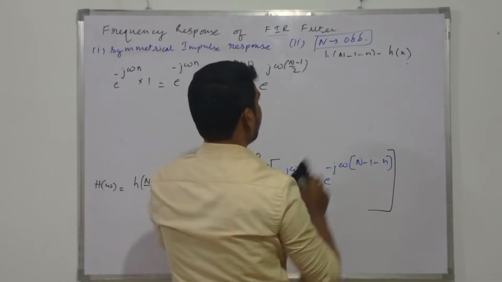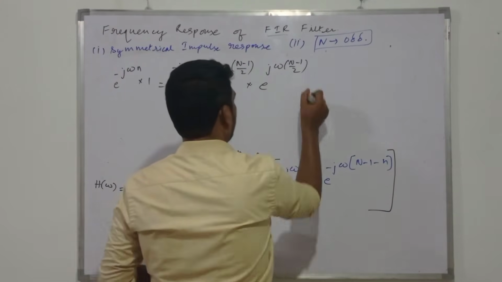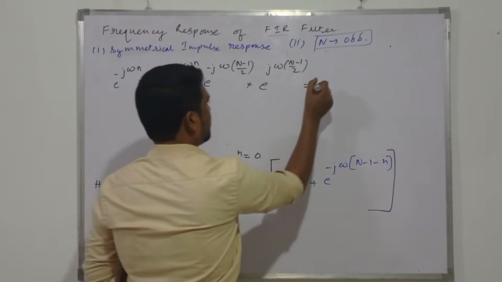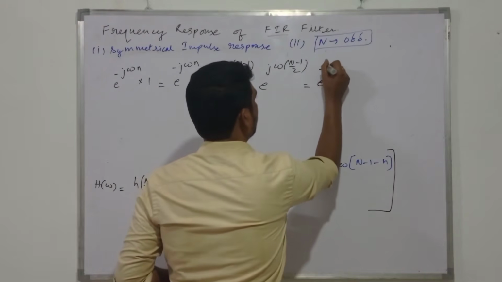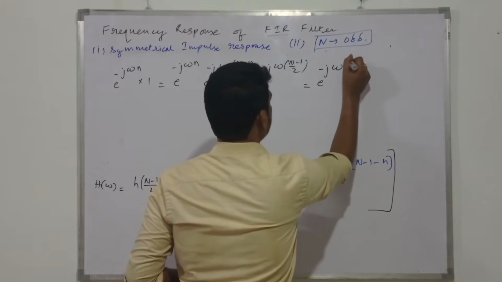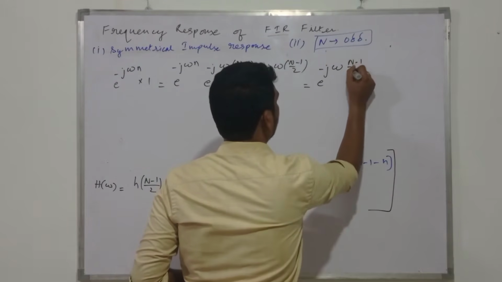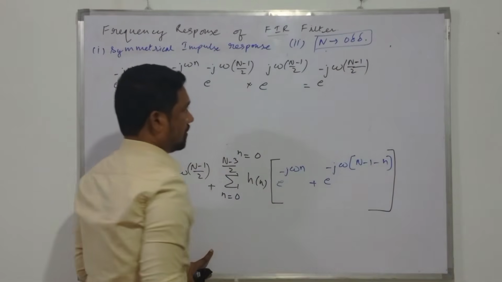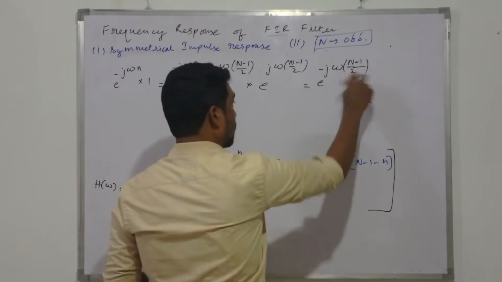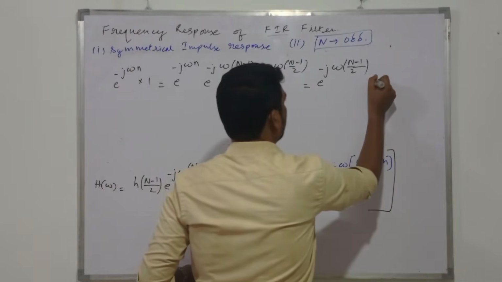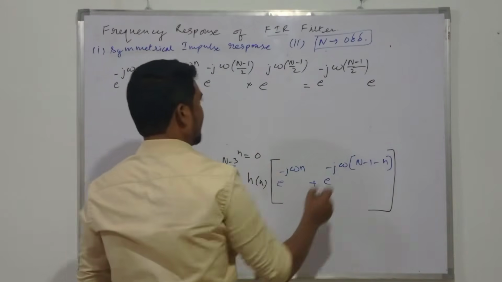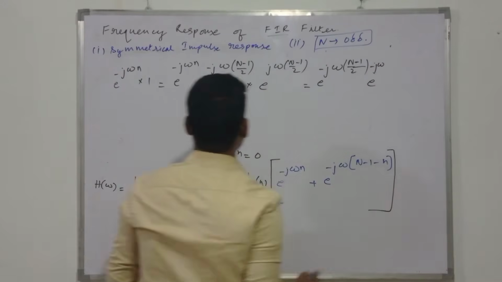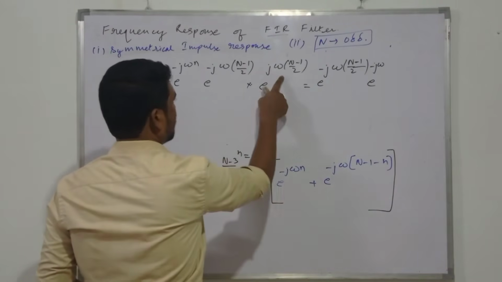Okay, so in that case something can be taken out as common. We are trying to take out e raised to minus j omega (n minus 1) by 2 entire, into e raised to, guys, minus j omega n, minus j omega as common from this one and this one.